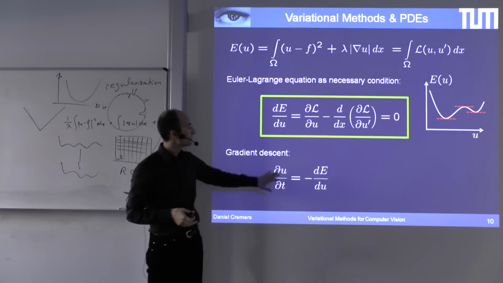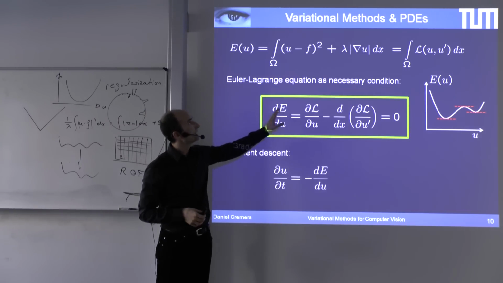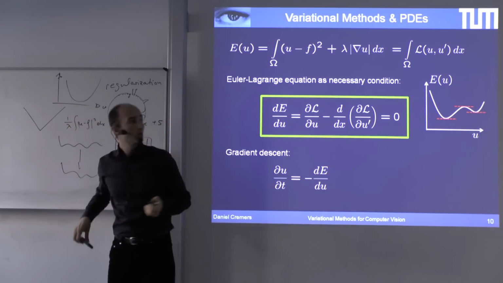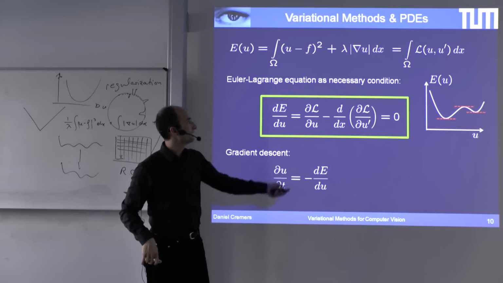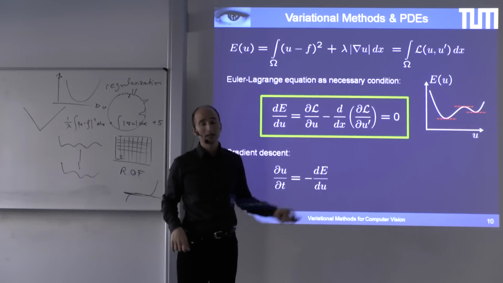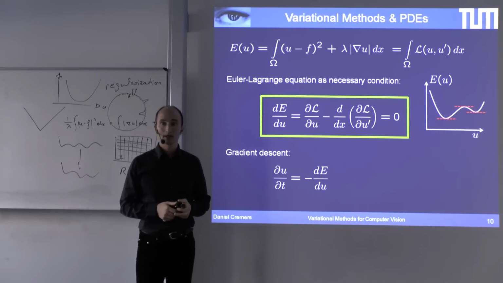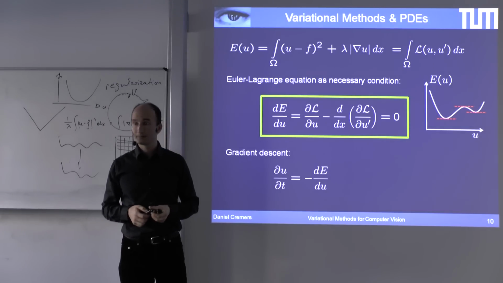And we will also learn about what's called the gradient descent, but maybe to put that beforehand just so that you've heard the terms. Once you compute the functional derivative and set it to 0, what you end up with is an equation that is called a differential equation, and in general, a partial differential equation.